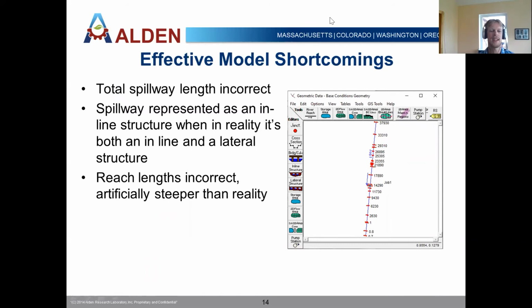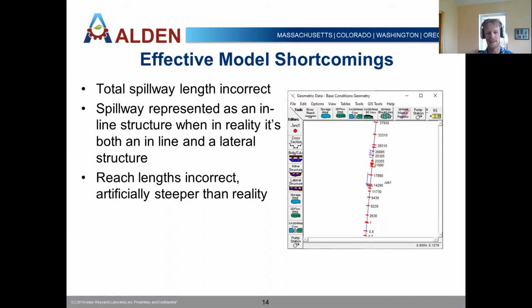So in this case, the effective model even had an incorrect total spillway length. And just by nature of a 1D formulation, the spillway was completely in line. All flow is perpendicular to that structure. Where in reality, with this L shape, it's both an inline and a lateral structure, where that northern crest perpendicular to flow acts as inline, and the water keeps going down.